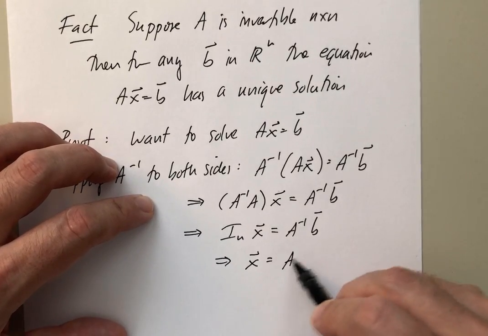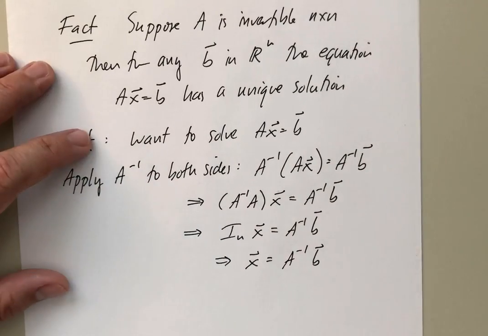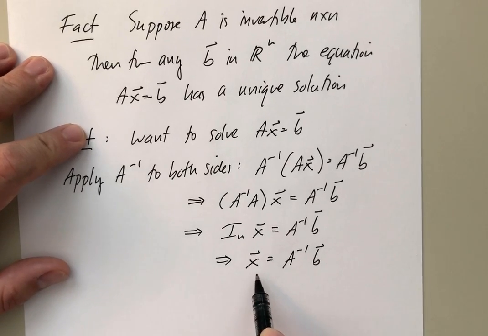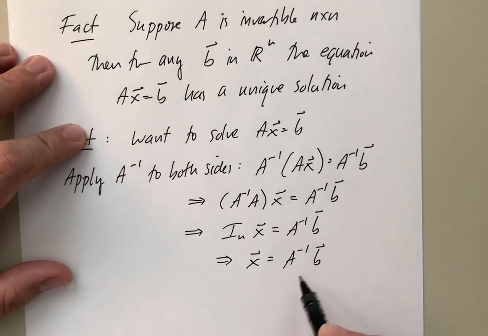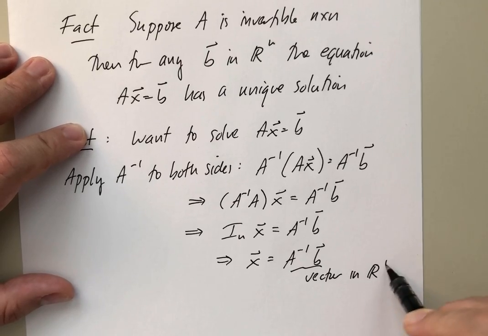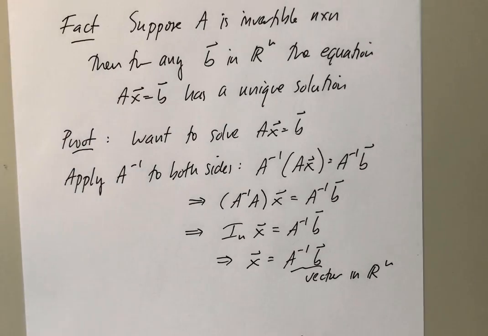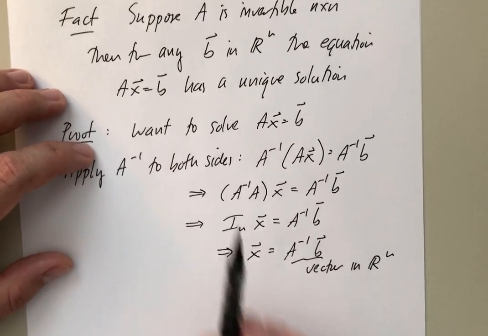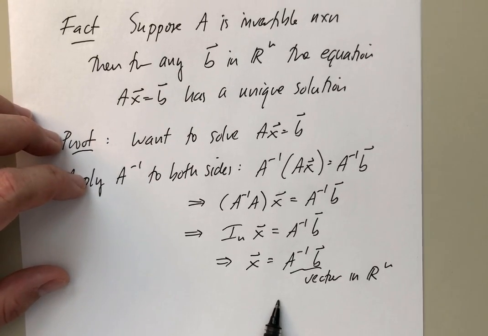So this is saying that x is actually just this vector. In other words, I'm telling you what the solution is. Here is x. It's this vector in Rn, and that's my answer. So not only do I know that it has a unique solution, in fact, this is the solution.